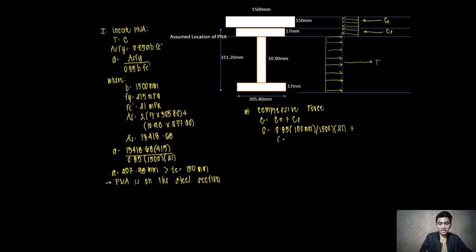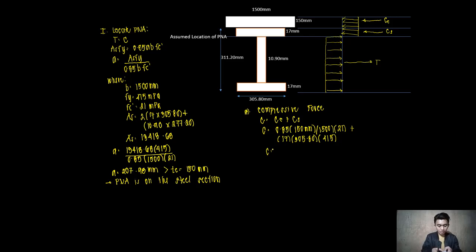Since that is a rectangular area, that is 17 times 305.80, multiplied by Fy, which is equal to 415 megapascal.